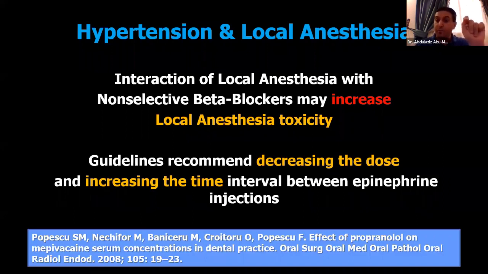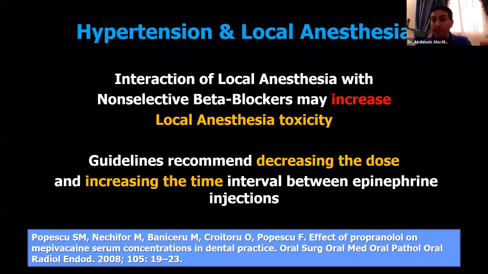For a regular local anesthetic, 2% lidocaine with 1 to 1,000 epinephrine, the maximum is 2 injections. If you go with 1 to 2,000, it might go to 4 injections. I will talk in detail about how you can measure these things. So with local anesthesia, yes, you can go with a maximum of 2 if it's the regular one.